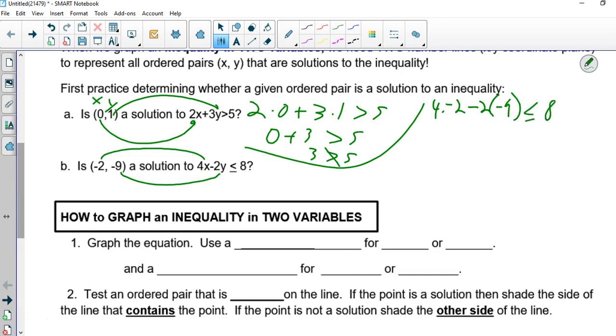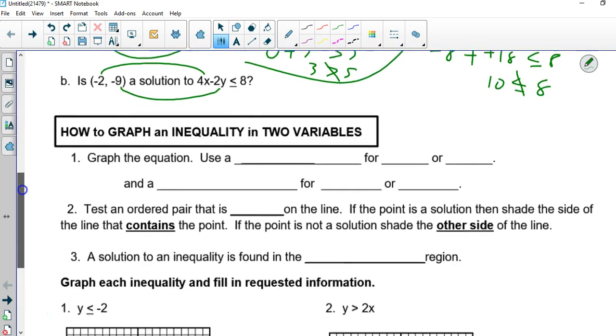Well, 4 times negative 2 is negative 8, minus 2 times negative 9 is negative 18, less than or equal to 8. We add 18 minus 8, which is 10, less than or equal to 8. Also not a true statement. So neither of those are a solution to that inequality.